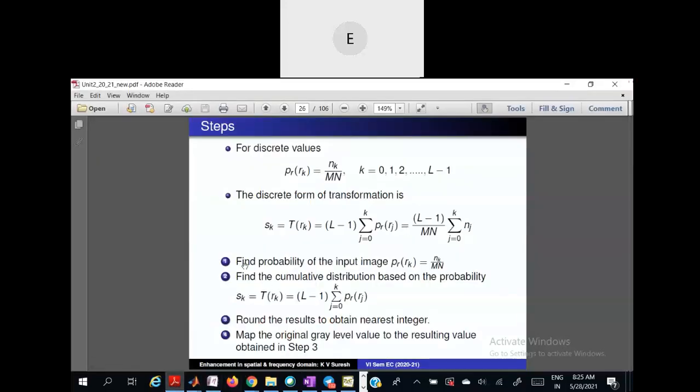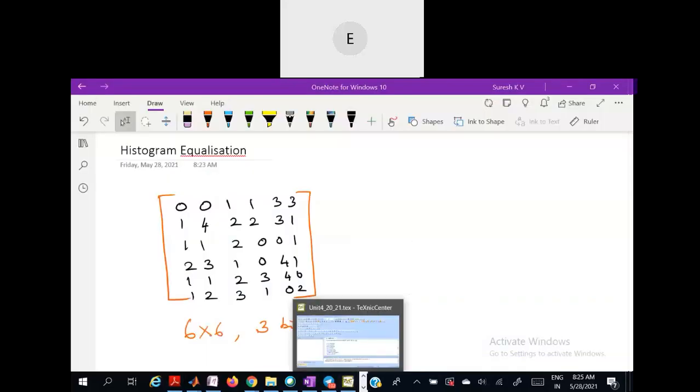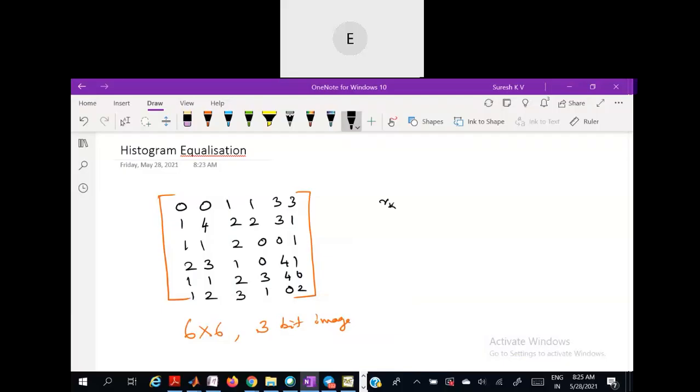So as you know, the first step is to find the probability of the input image by using this formula. So the first thing I need is nk, that means how many values of each rk exist. So I'll use a table now. So let me just take rk. You can have 0, 1, 2, 3, and as you already told, there will be 8 gray levels starting from 0 to 7.